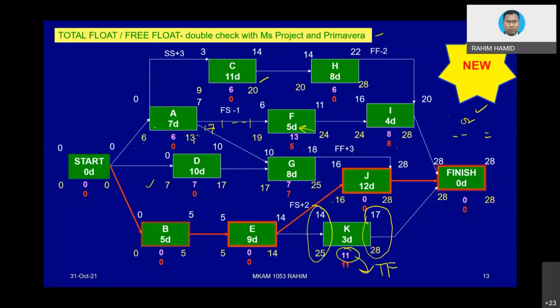If the values are the same, total float is 0, 0 here, 0 here. The line I colored in red indicates the critical activity. So the answer for critical activity is activity B, E, J. Sometimes we can put the start and then finish, but the real activities are B, E, and J.